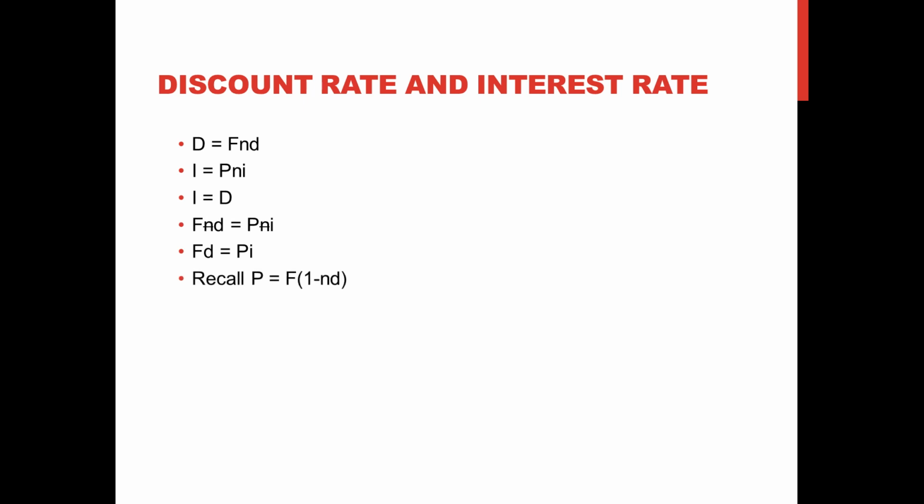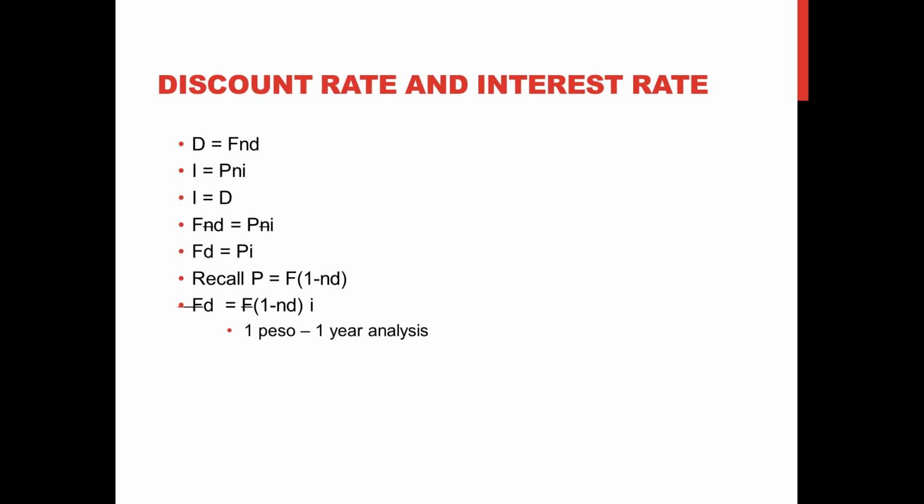And then we are going to recall that P is equal to F times 1 minus ND from the formula of discount. Substituting it on the right-hand side of the equation, we can now cancel F on both sides.